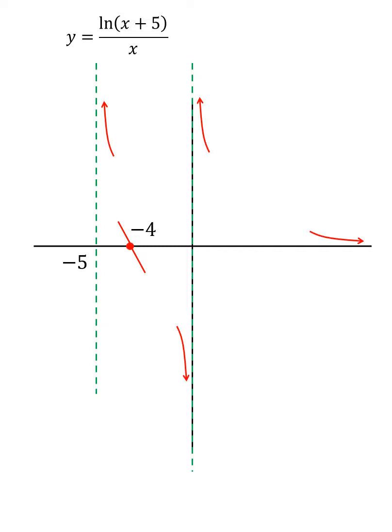And that completes the 4 key features of the graph. At this point, you could simply connect everything up and be done and say that the graph looks like this. And on an exam, that would be fine.